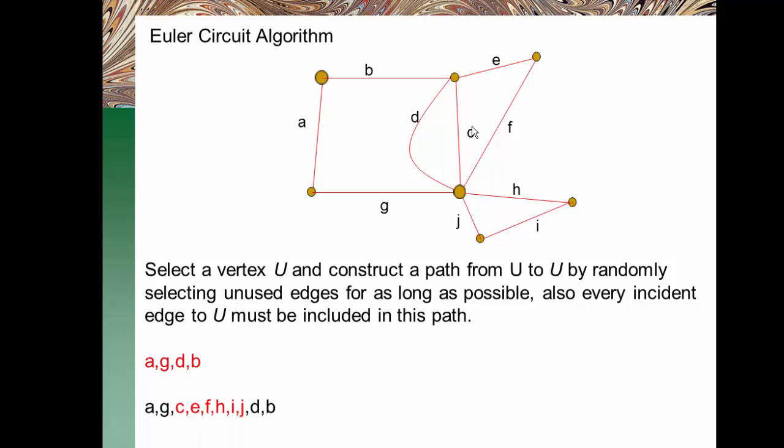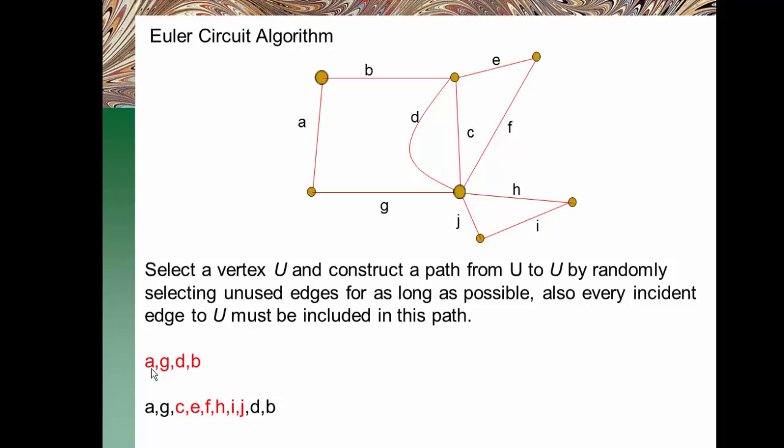That gives us a new piece of the Euler circuit, which is the path CEFHIJ, which is this path right here. That second piece has to be joined with the first one at the appropriate position.